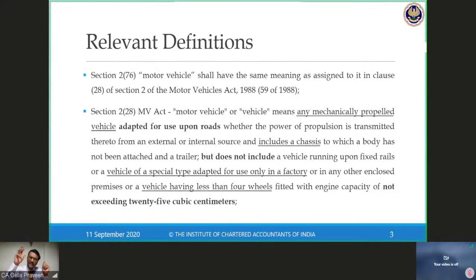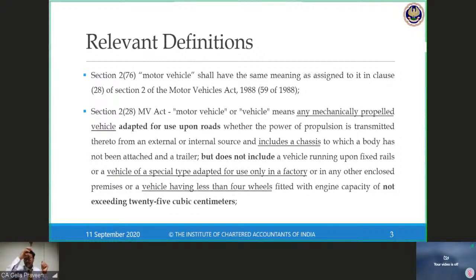Though it has all the characteristics, if it is not designed to run on a road, I don't call that a motor vehicle. Example, a forklift. A forklift is a machine which I use in a factory. I don't use it on a main road. The main purpose of this vehicle is to run somewhere in a private place, not on a road. The moment I refer to the road, in common parlance, it is used at a public place.